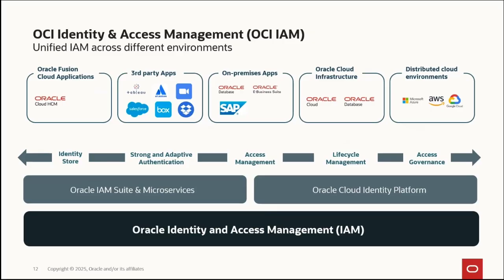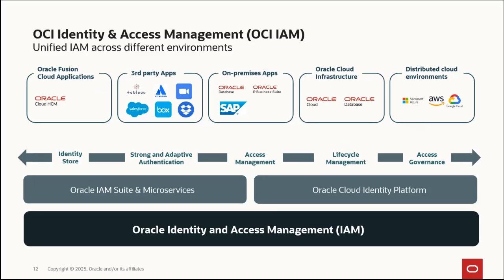This includes Oracle Fusion apps, federating with third-party applications, working with on-premises applications, granting and managing permissions to users and groups within OCI, to different OCI services, and even working with distributed cloud environments. A lot of customers take advantage of multiple clouds, so make sure that you have those permissions and federate across.